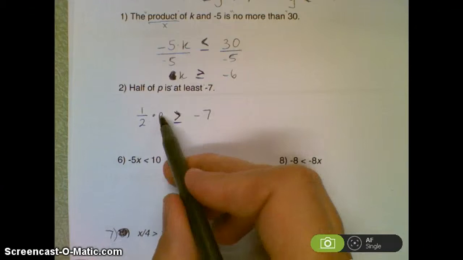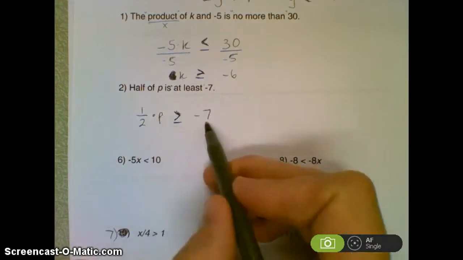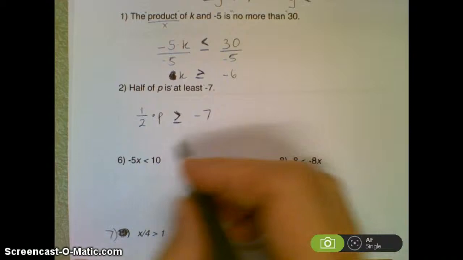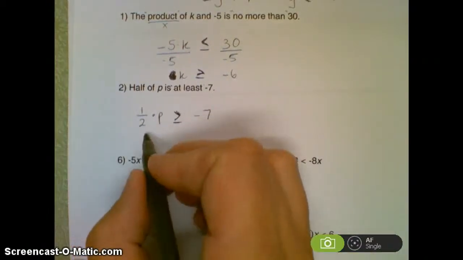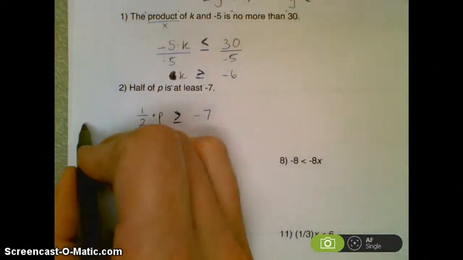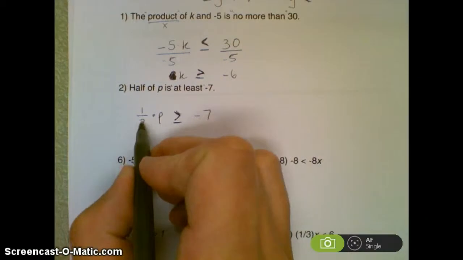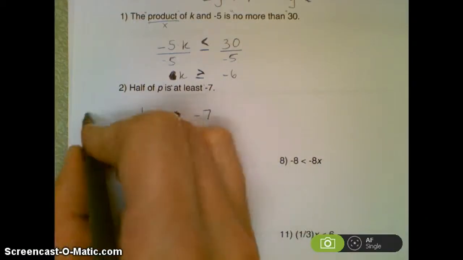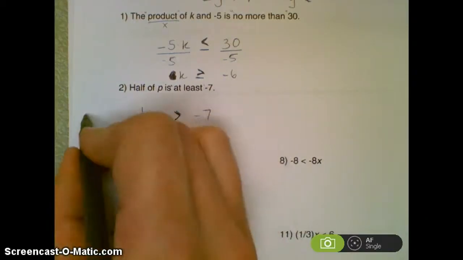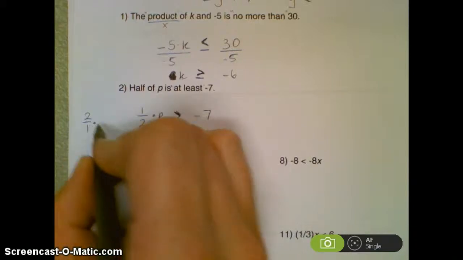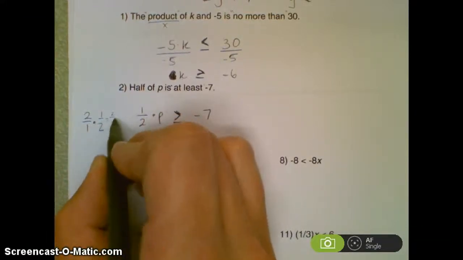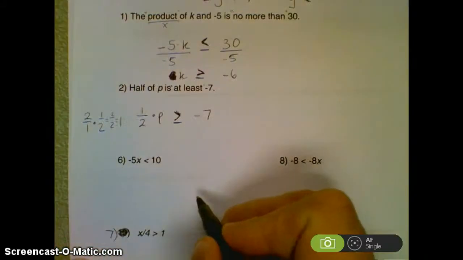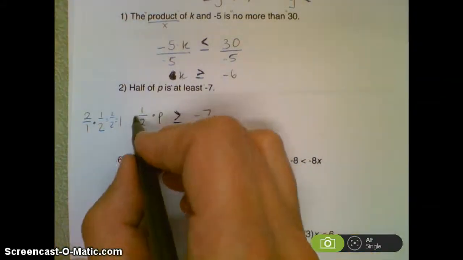So this is 1/2 times p, which means I can divide by 1/2. But one thing you should know is that instead of dividing by 1/2, I can multiply by the inverse, which would be 2 over 1. So 2 over 1 times 1/2 would equal 2 over 2, which equals 1. I can multiply both sides by 2.